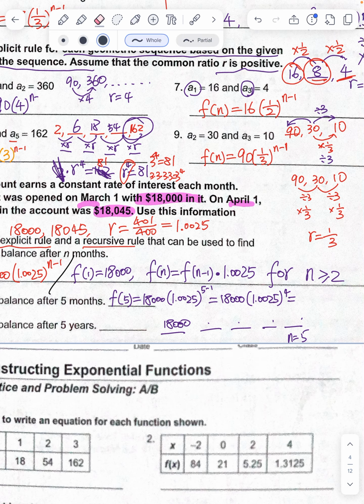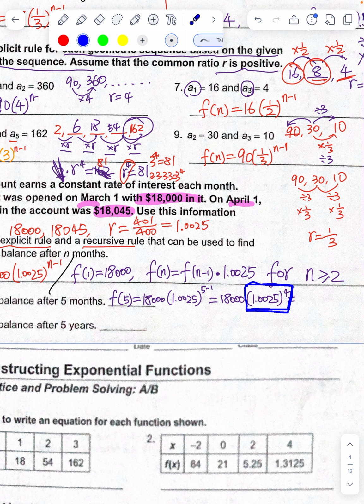Okay, now I can use a calculator to figure out the final answer. In your calculator, you're going to calculate this part first. Whenever we have a multiplication involved with an exponent, with a power, we figure out the value of this part first. And then we multiply 18,000. 1.0025 raised to the power of 4 is equal to 1.0100.